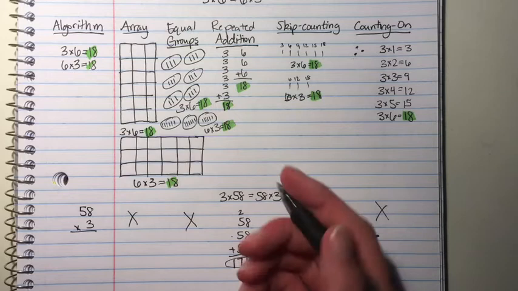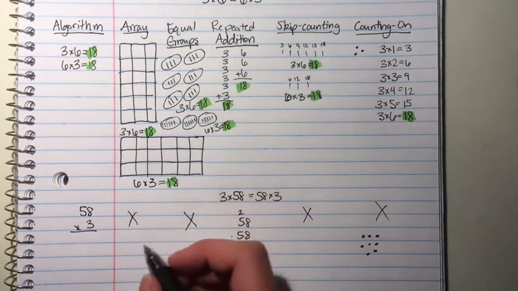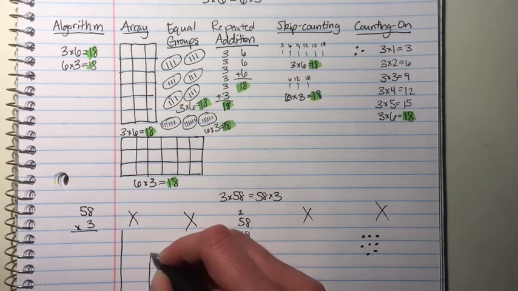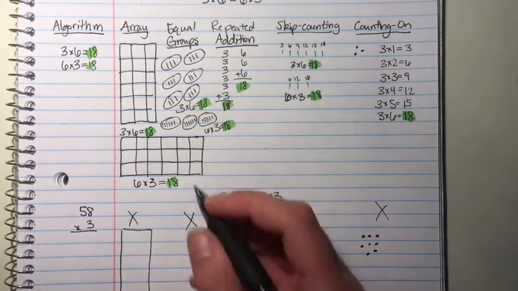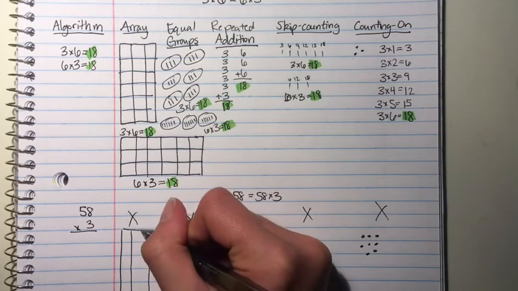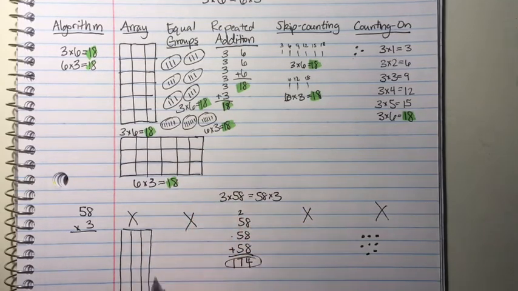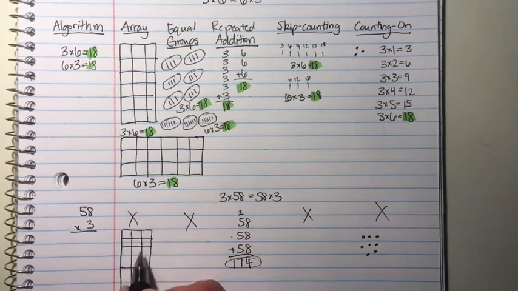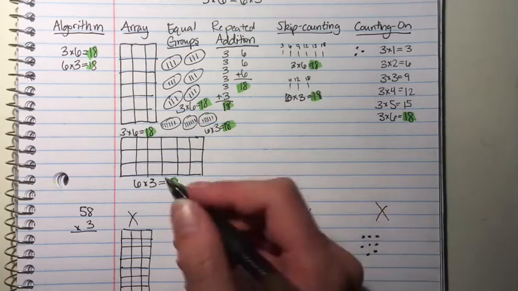I'm going to go with array, but if equal groups is what you prefer, you could definitely do that as well. I'm not even using the lines as a guide because I'm trying to make it kind of small. But if you have graph paper, you might find this easier.